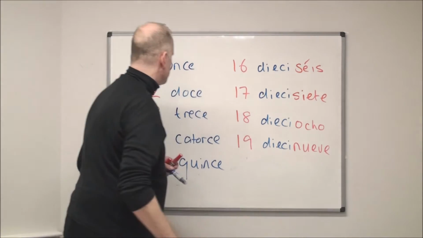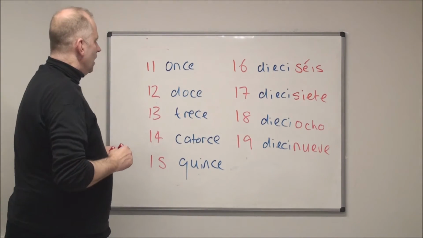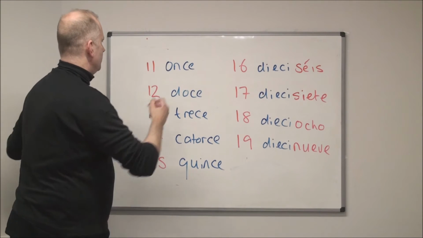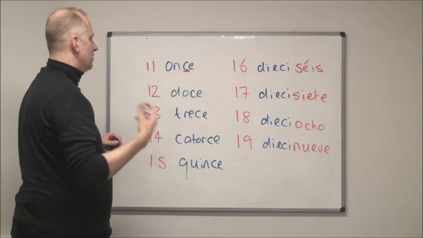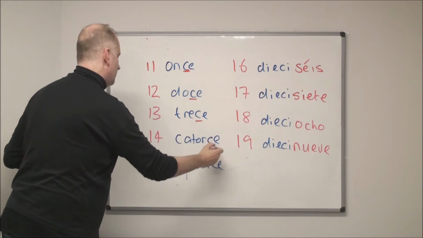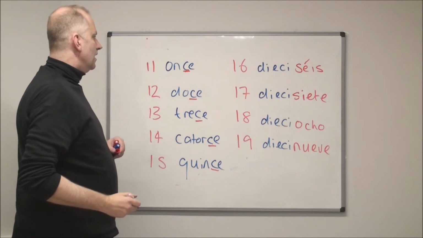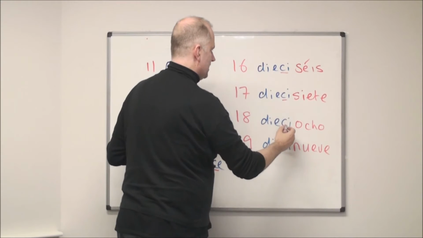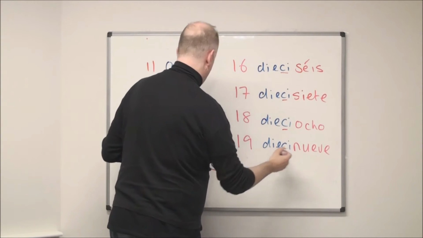Just bear in mind some sounds you've got to be aware of. The C before an I is a Th, so 11, 12, 13, 14, 15, and in all of these 16, 17, 18, 19.